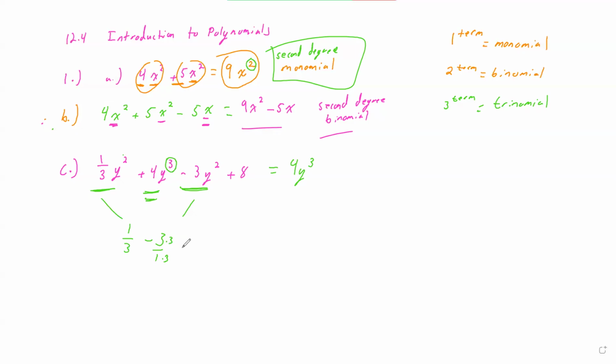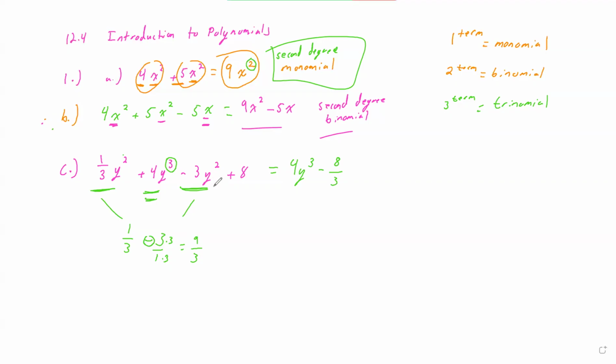So this becomes -9/3. So what's 1/3 minus 9/3? Good. What happens is we actually do the operation on top. So 1 minus 9 gives me that -8, and then the denominator stays the same. So it becomes -8 thirds.